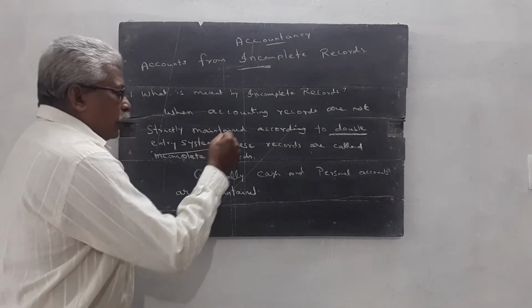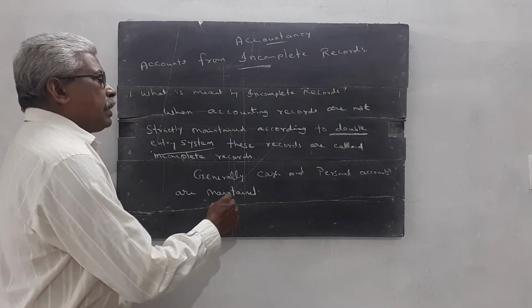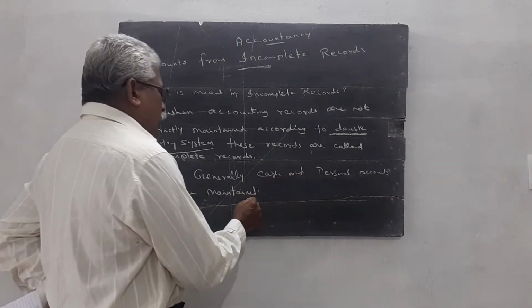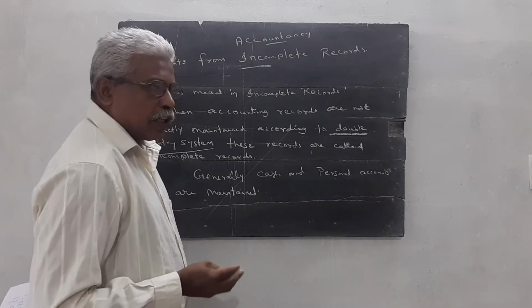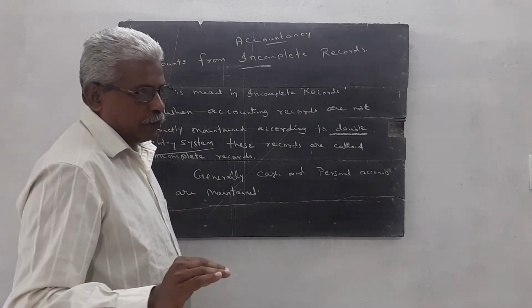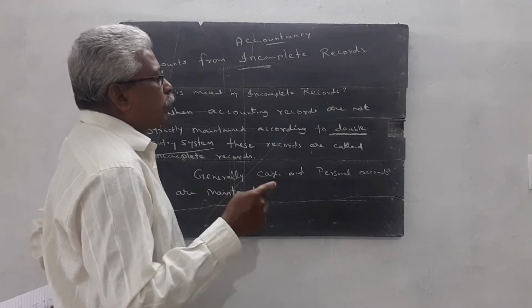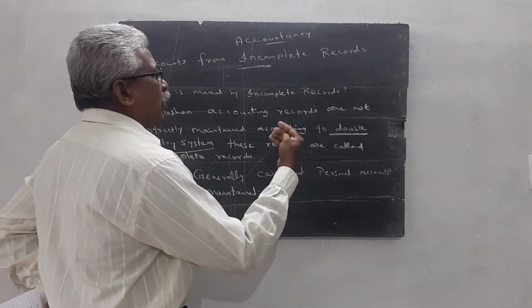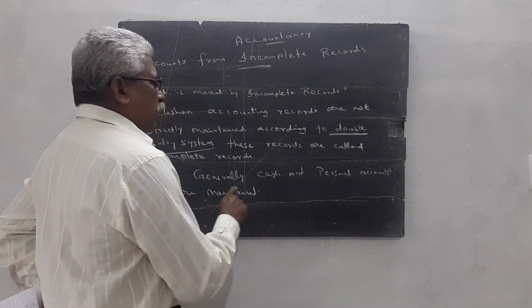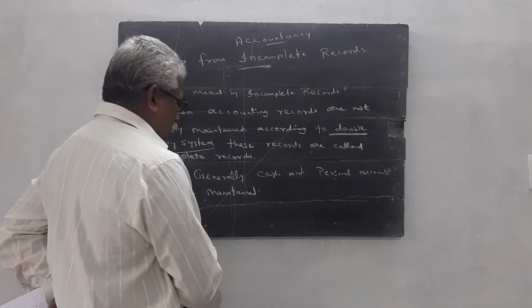In the incomplete records, generally cash and personal accounts are maintained. It is also called a single entry system. There is no such thing as a single entry system as such, but those who are not maintaining the books of account under double entry system are called single entry system. Generally, cash account and personal accounts are maintained.